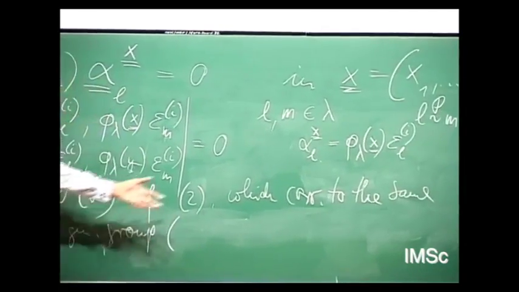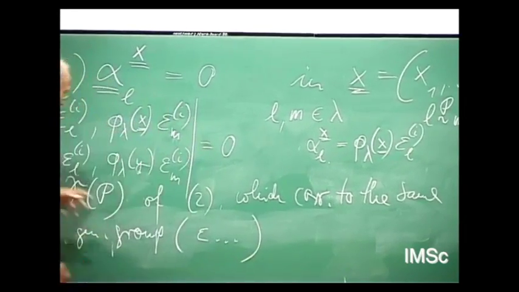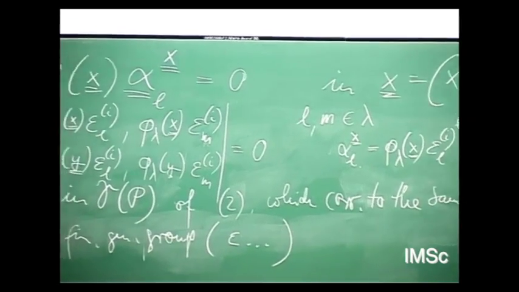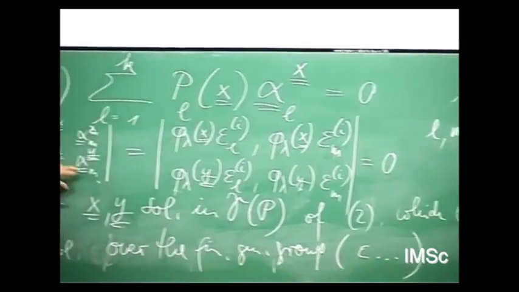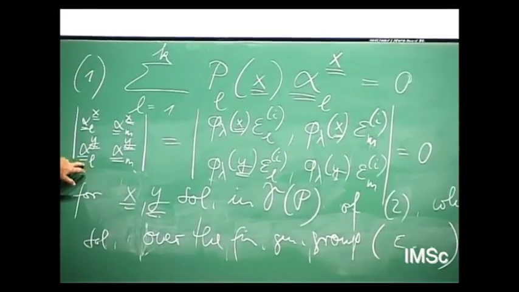So, in writing with these epsilons, for any two such solutions x and y, we get alpha L to the x, alpha M to the y equals alpha M to the x, alpha L to the y.